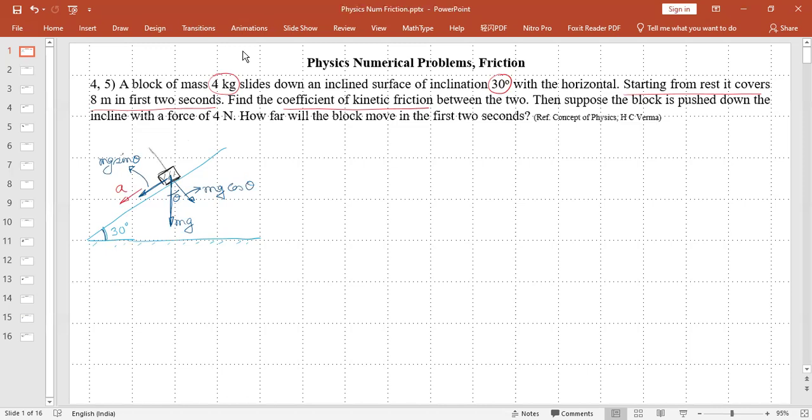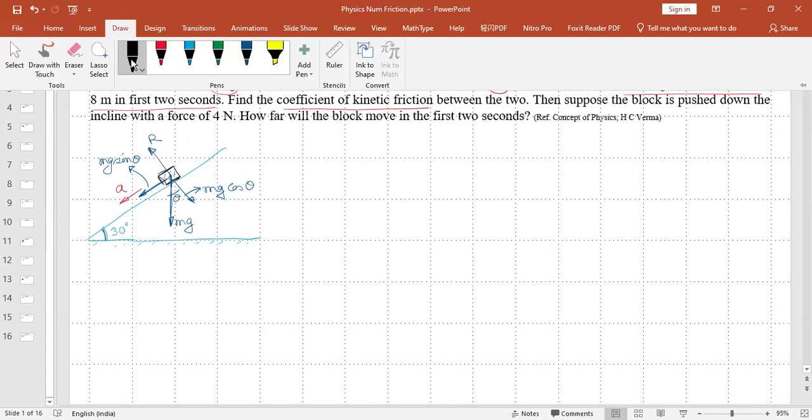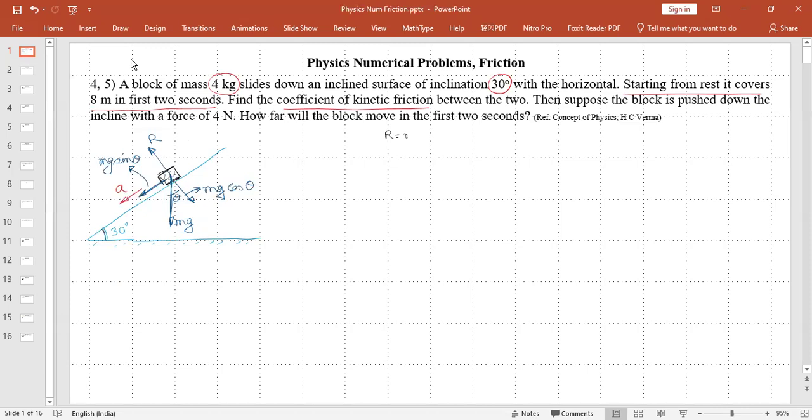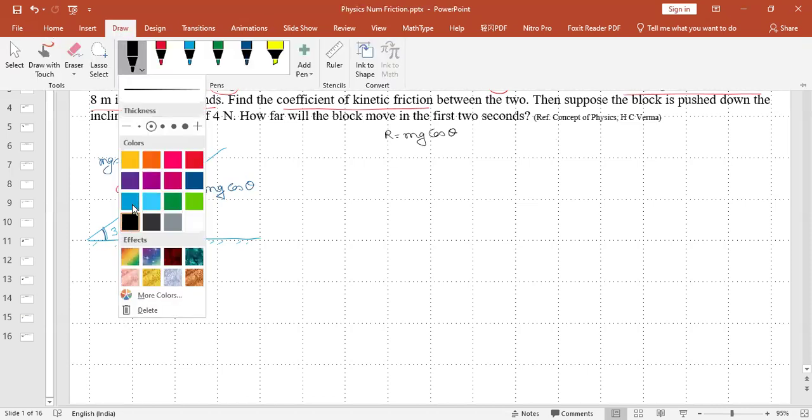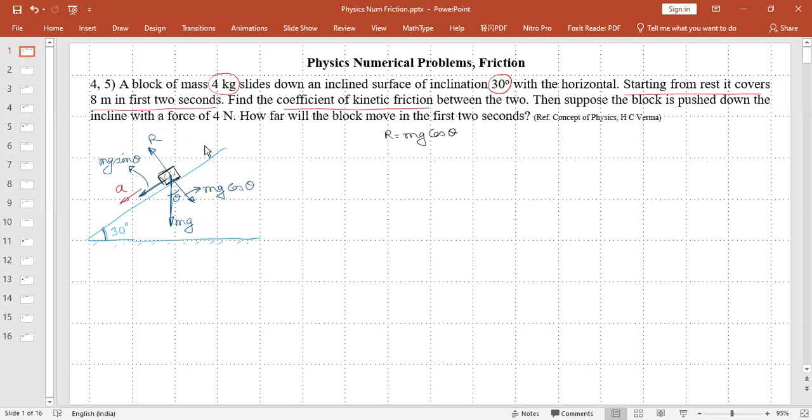There will be a reaction force, R. In this case, since there is no other vertical component of the force, R equal to mg cos theta. So we can already write that R equal to mg cos theta. Since the body is going downward, there is an upward frictional force along the slope.